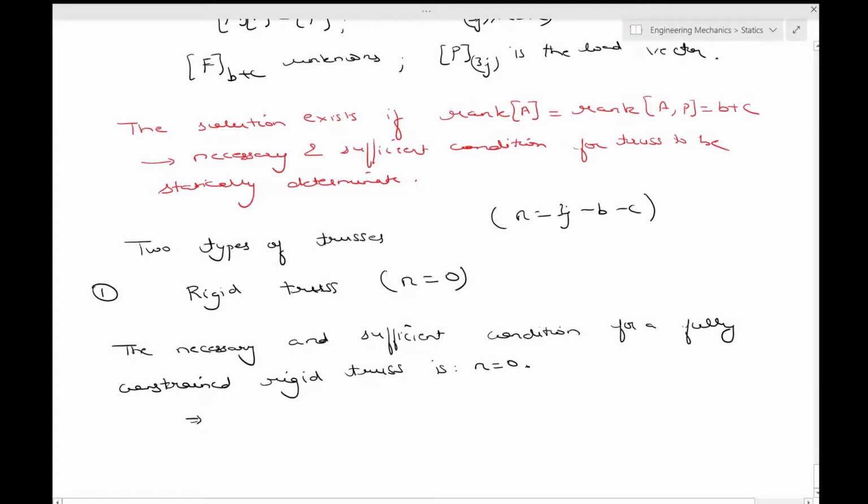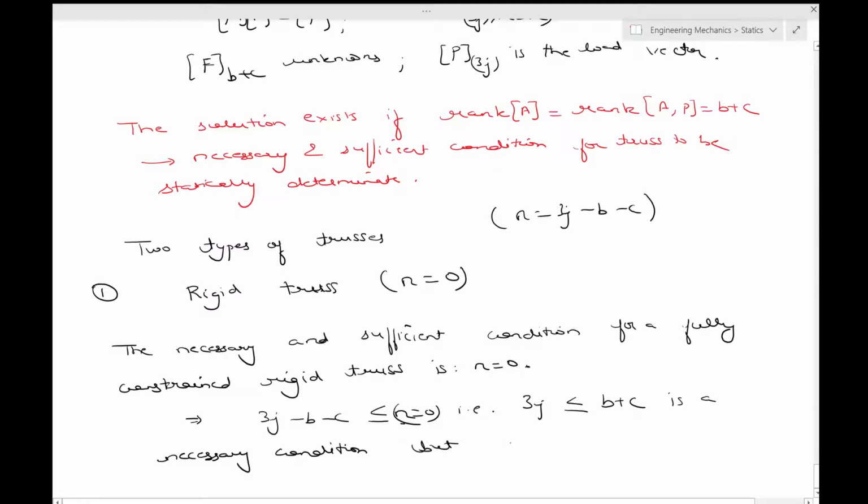This implies that 3j minus b minus c is smaller than or equal to n, which is equal to 0. That is, 3j is smaller than or equal to b plus c is a necessary condition but not sufficient.